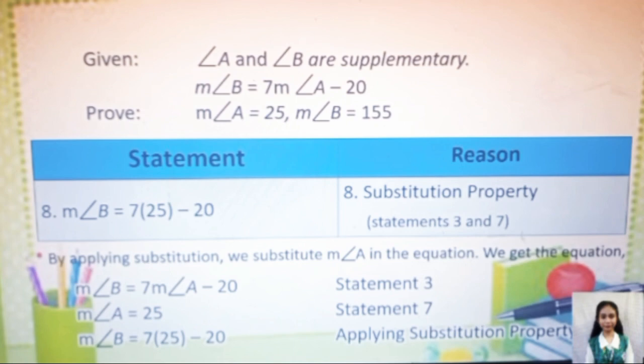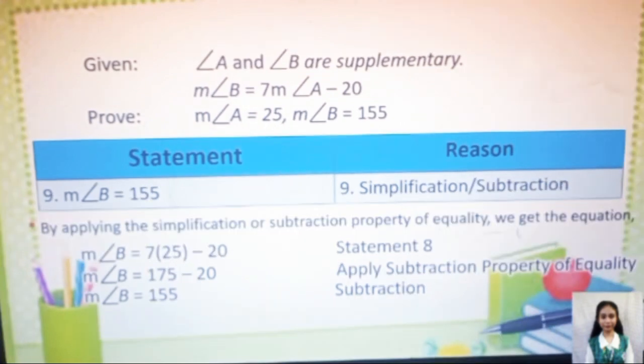So by substitution, measure of angle B is equal to 7 quantity 25, with measure of angle A substituted by 25, minus 20. So it is applying the substitution property. Then next, number 9, statement: measure of angle B is equal to 155.